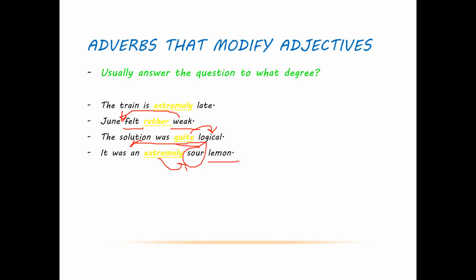Tama naman. However, the second activity is asking you to use an adverb that modifies an adjective. So what you can do in this sentence is: the surgery was performed... It was a successful surgery.